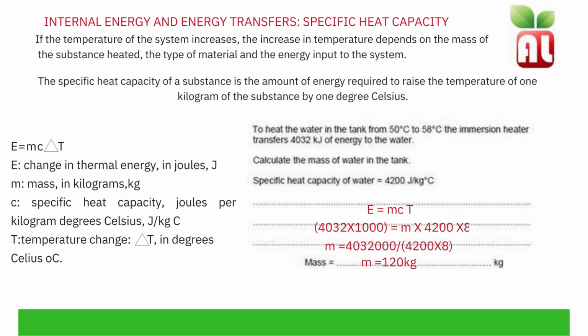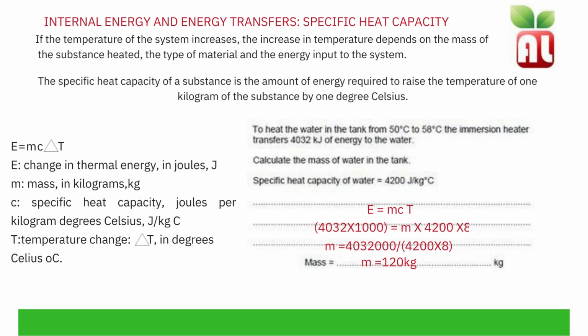You were given the following equation on the physics equation sheet. The change in energy equals mass in kilograms times the specific heat capacity in joules per kilogram per degree Celsius times the change in temperature.